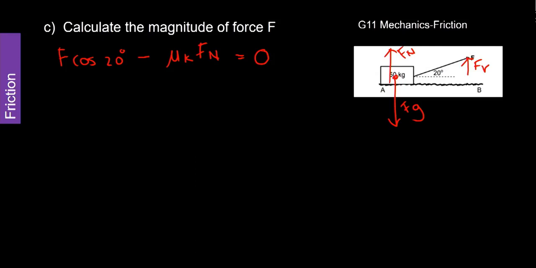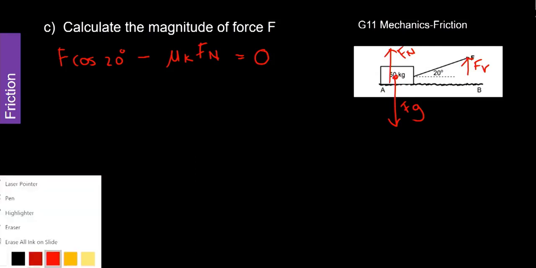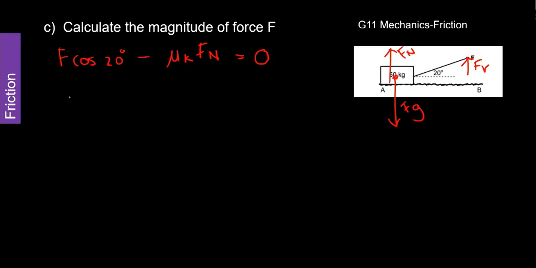So what can we say about this? I'm going to change my pen color because I want us to really see this. So we've got our gravitational force, and that is equal to the normal force plus the vertical force, because they are both acting in the same direction.